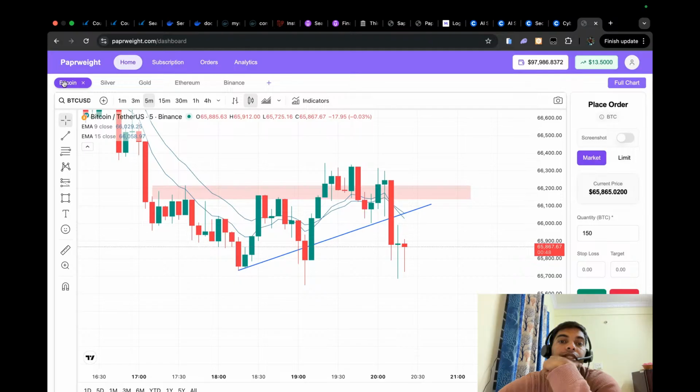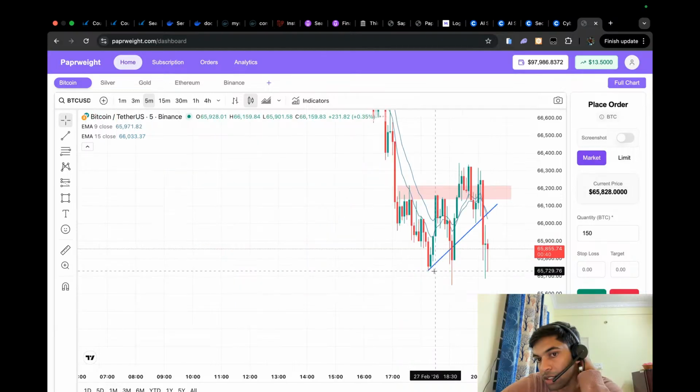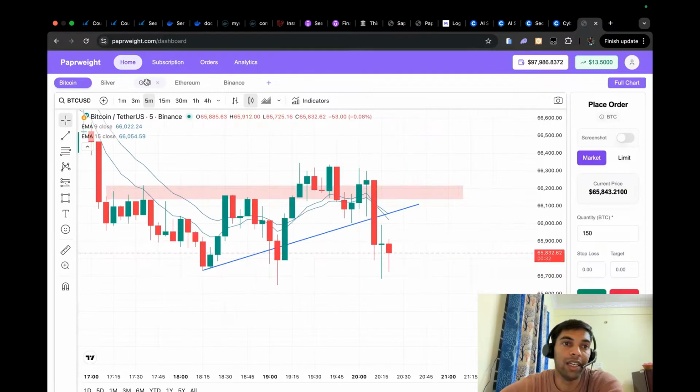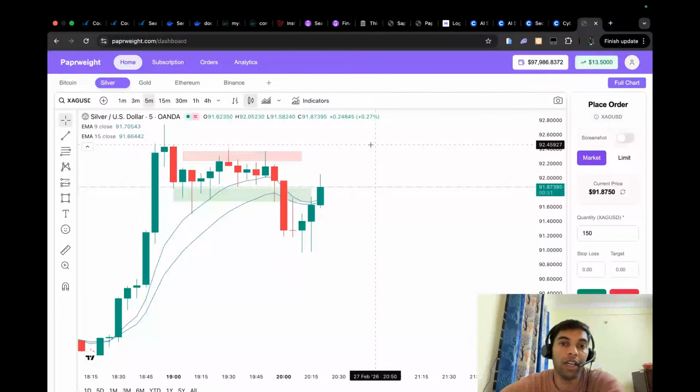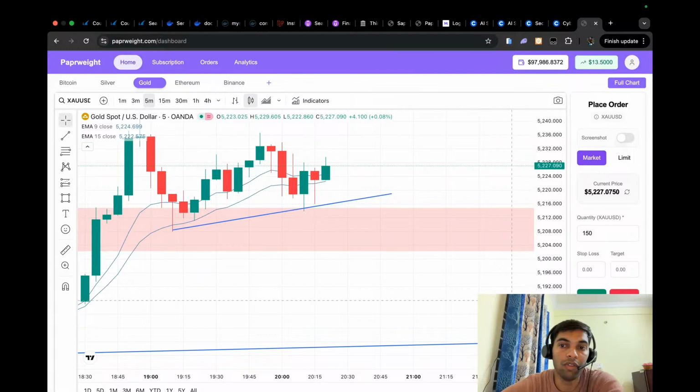Bitcoin, it can continue selling, but for shorter time frame it is quite hard because it is a triple bottom. At 5 minutes you can see a triple bottom again. So we have to find the trade in the silver only or in gold. I'm not finding a trade in gold because gold is moving very slowly.